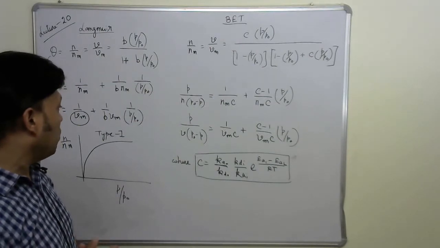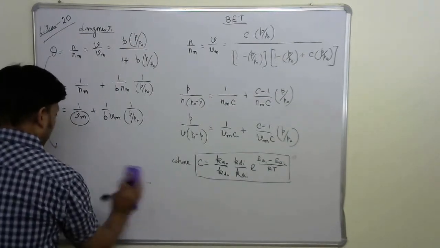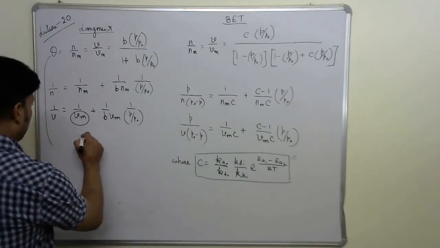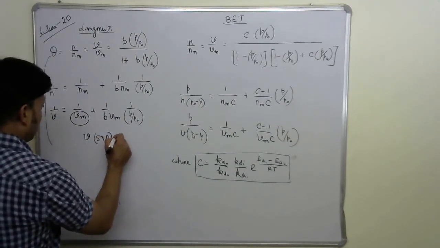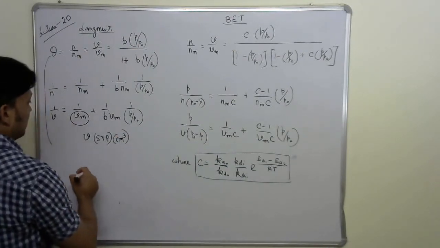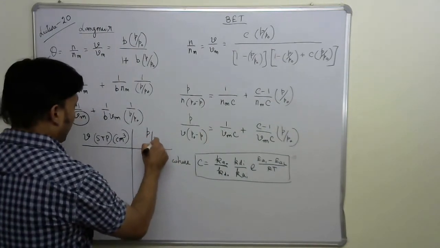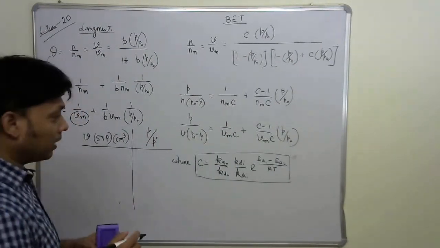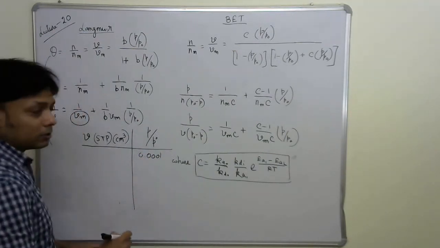So experimentally, what we record in adsorption, the machine gives you a data sheet. The data sheet is nothing but V, the volume adsorbed at STP, and the unit they give you is centimeter cube or cc, versus P by P naught. And as we have seen, P by P naught is a fraction and its maximum value is 1, so it starts with a very low value like 0.001 or something, and it gradually goes up.